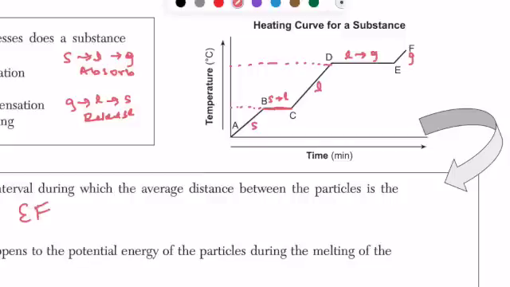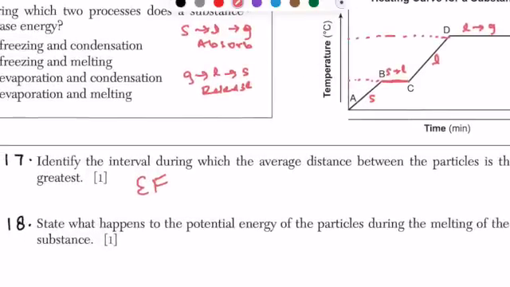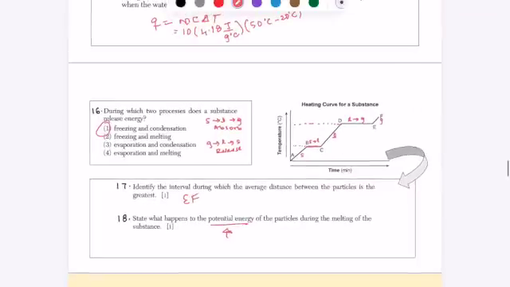So when we are melting something, we are going from the solid phase to the liquid phase. So in that case, we need to absorb energy to move the particles apart. So the potential energy is actually going to increase when the phase change is occurring. So potential energy increases in a heating curve and it decreases in the cooling curve.